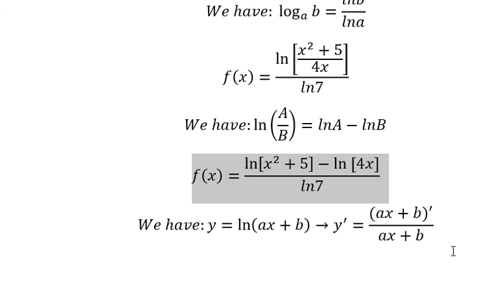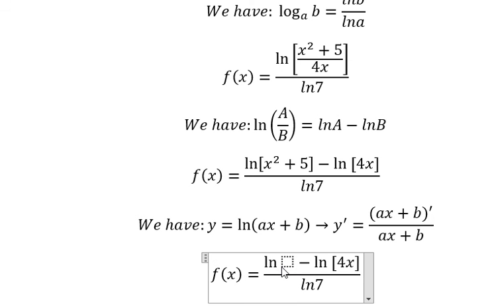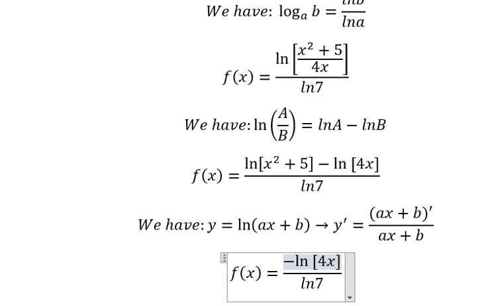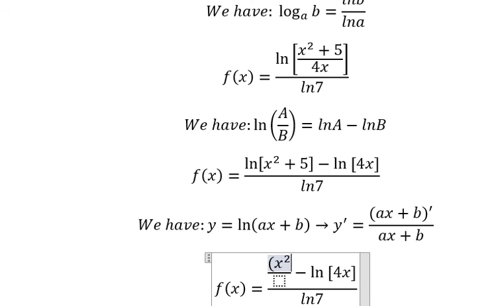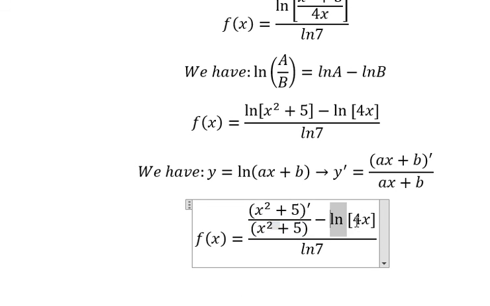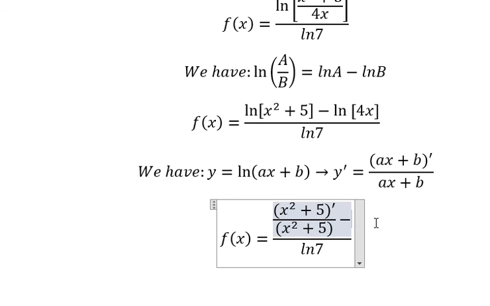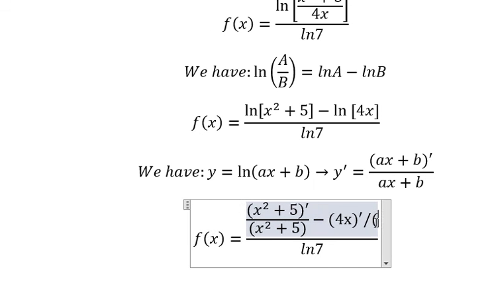So we will have about we do first derivative of s squared plus 5 over s squared plus 5. About this one, we do first derivative of 4s over 4s.